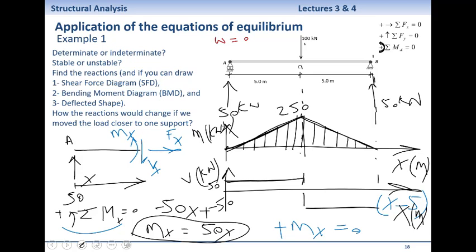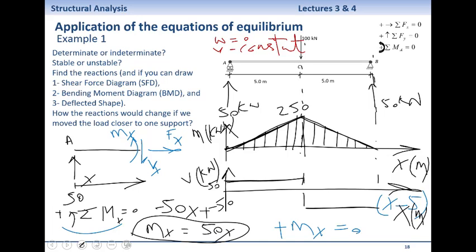So V is constant. Okay. Do you see the numbers? It starts at 50, yes? The first half is plus 50, and the second half is negative 50.